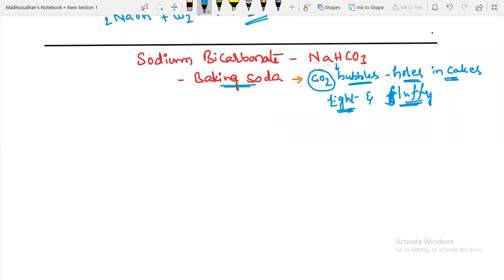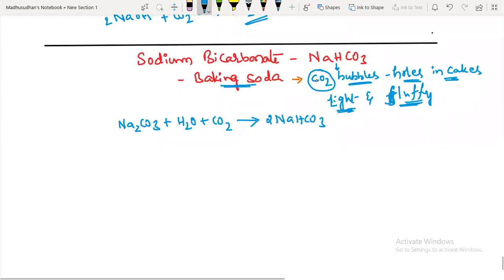As for the preparation method, it is formed from sodium carbonate, Na2CO3, on reaction with water and carbon dioxide. It will form sodium bicarbonate.